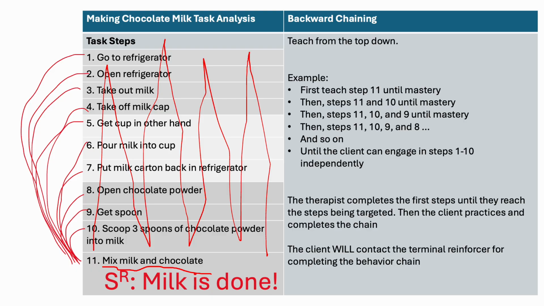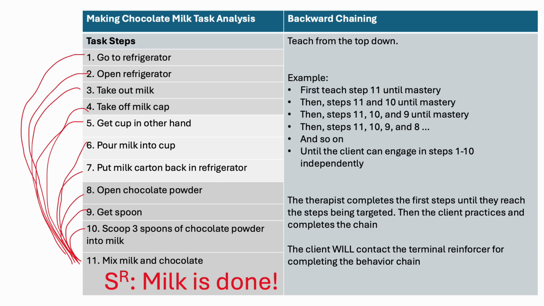Once they master step 11, then we can go ahead, I'm going to use my eraser here, and now work on steps. Well, let me go back actually. What's going to happen is you're going to work on these 2 steps, steps 10 and 11, but first you, as the trainer or the therapist that you're supervising, are going to do steps 1 through 9.